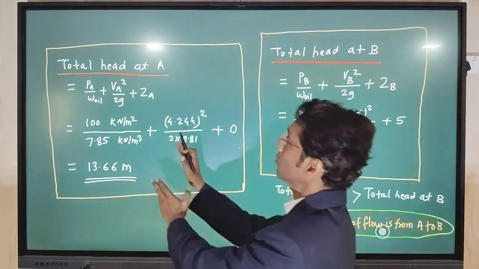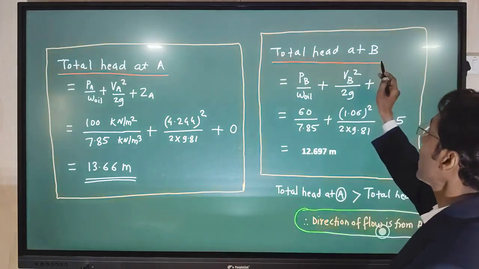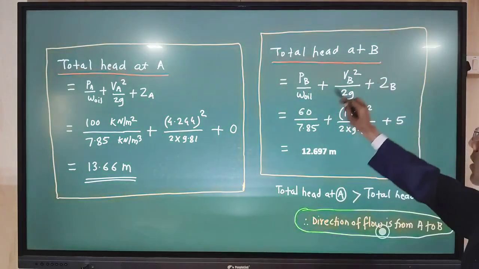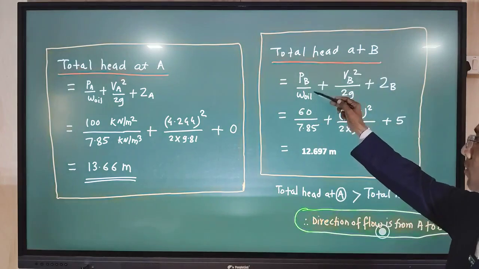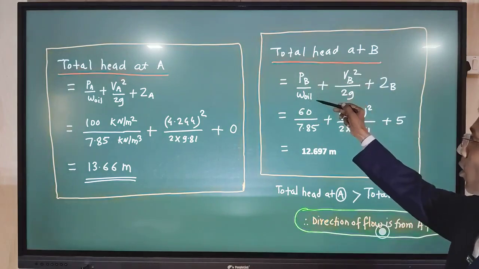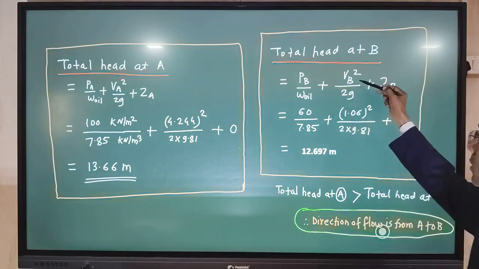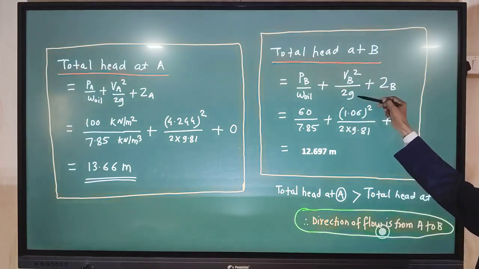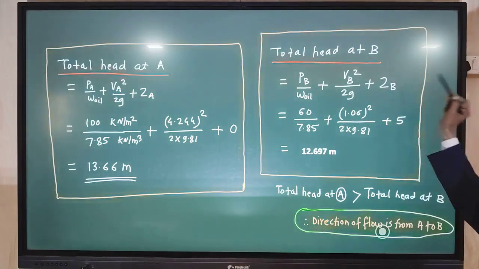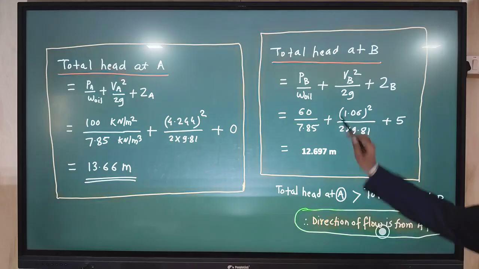In the same way, we do the calculation for total head at B by using the expression PB by W oil, that is the pressure head at section B, plus velocity head at section B, VB square by 2G, plus datum head at section B, ZB.